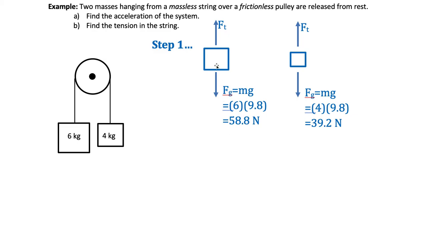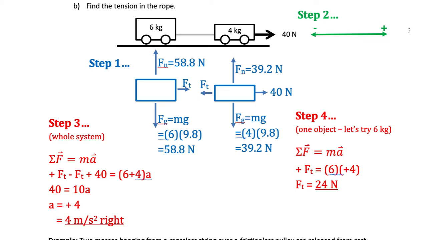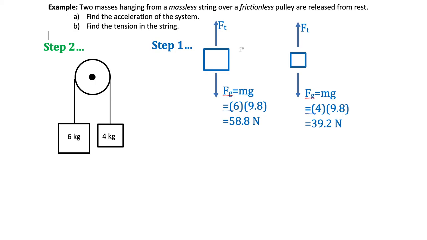Now my step 2 is my axis of motion. These are a couple of arrows showing which directions the objects can move in and saying which direction is positive and negative. Now up here, that was fairly straightforward. This was a left-right problem, so I picked right positive and left negative. This problem, however, I've got this mass that can move up, down, and this mass that could move up, down, but they're separate from each other.